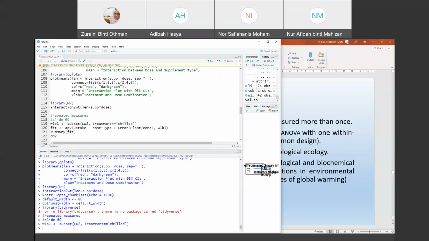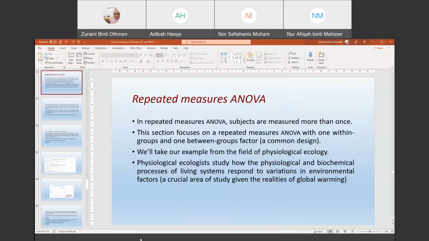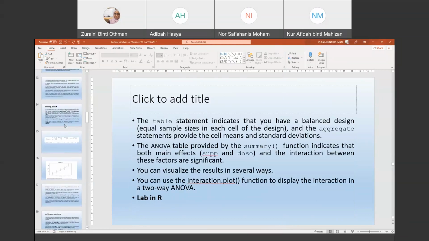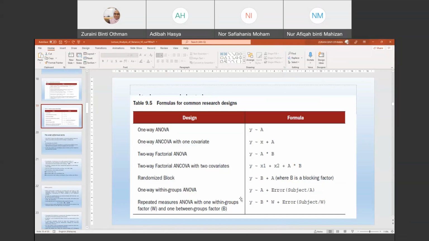Okay, and this is the ANOVA. Look back at the table, apa maksudnya, error plant, concentration, yang dekat page 61 yang mula tadi tu. Maksudnya yang ada error tu yang kita nak buat formula tu. This is the error for subject, one way within group ANOVA. This is the formula.